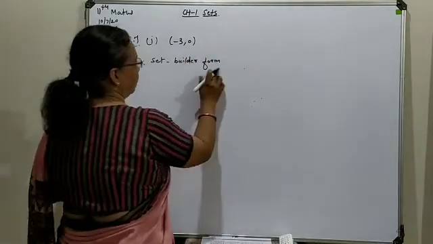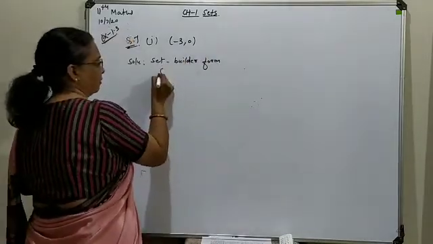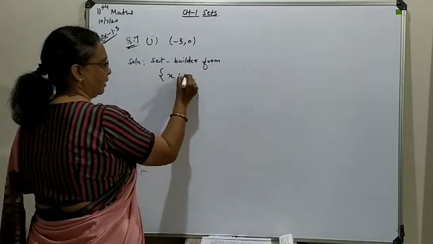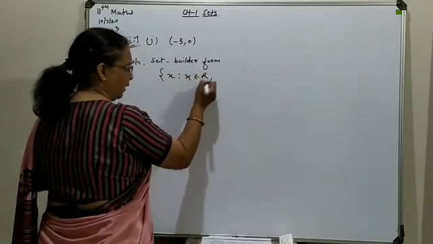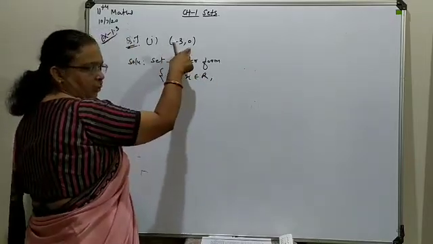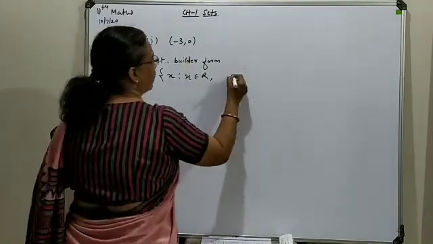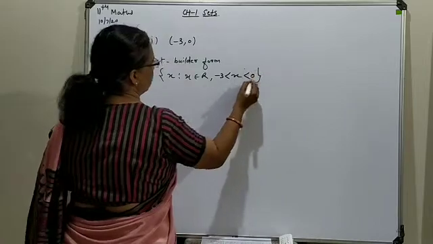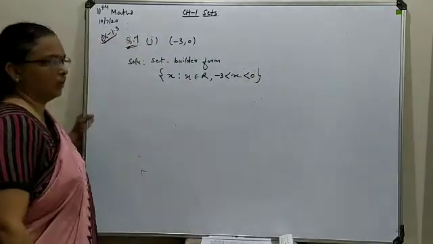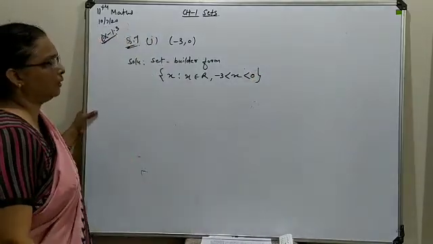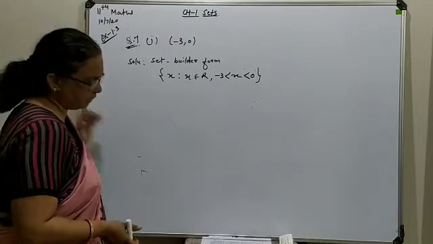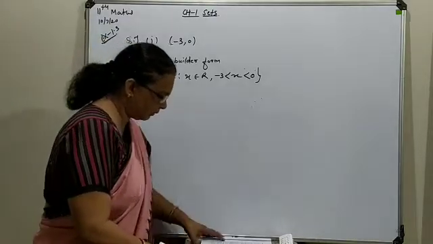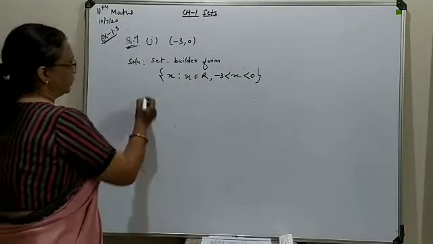The set builder form of this one you can write as x, where x is taken from R. Now both sides are open, so you write x lying between -3 and 0. This is over. This way we can write all the combinations. Now one more example we are going to write, that is the third part.